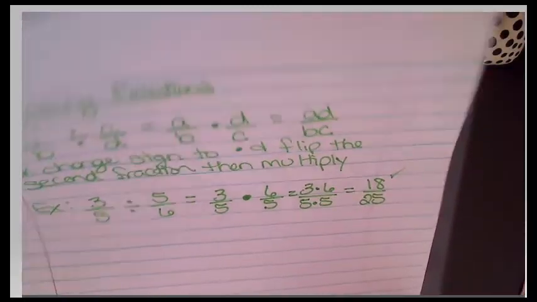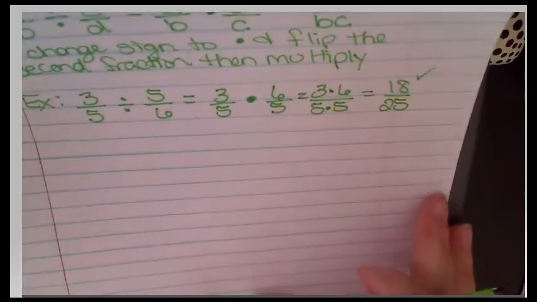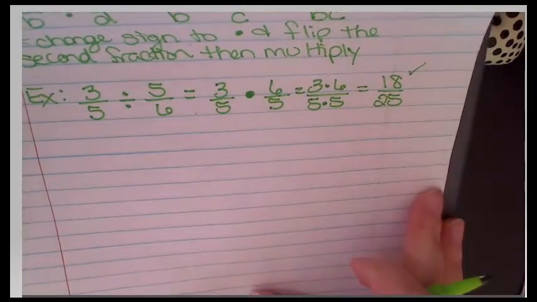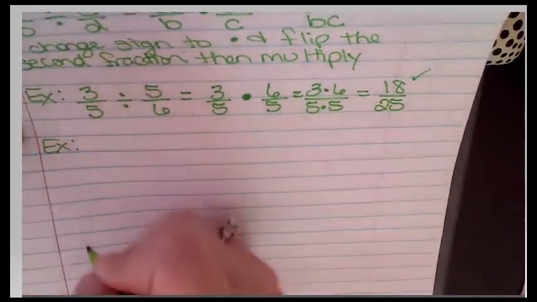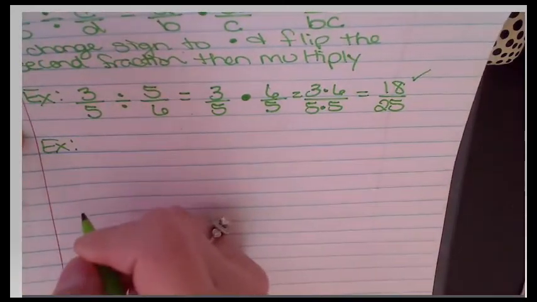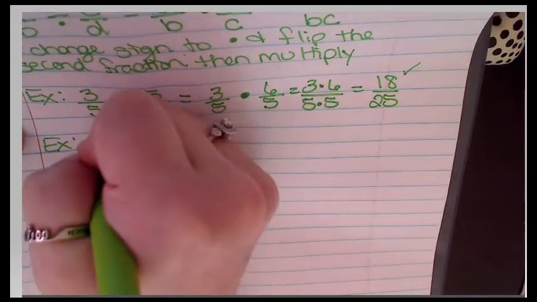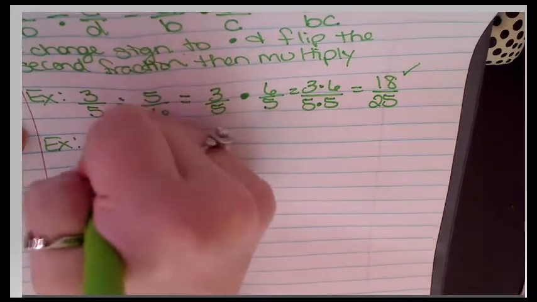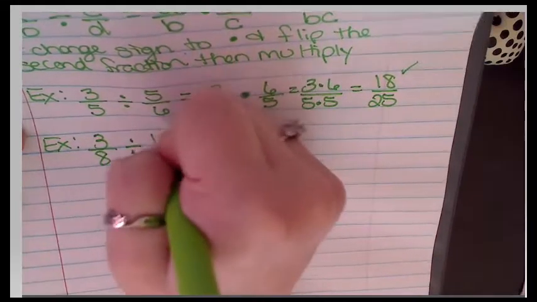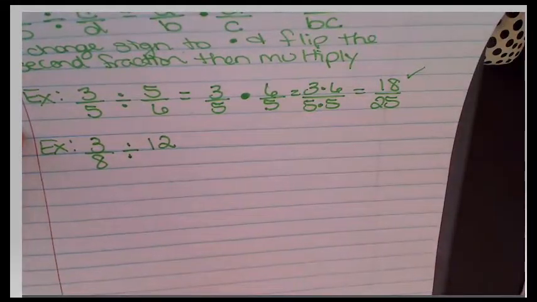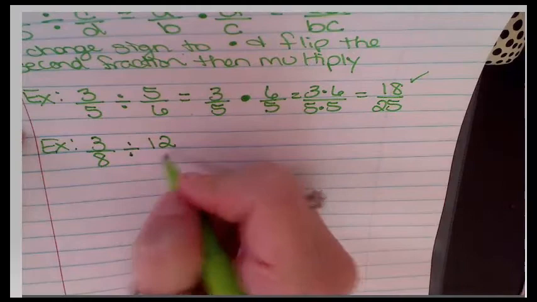All right. So let's try maybe a harder one. Let's do one with a whole number. Whole numbers can seem tricky, but they're really not as bad as you think. Let's do 3 over 8. And let's divide that by the whole number 12. Okay, you might be looking at this and thinking that's not a fraction.